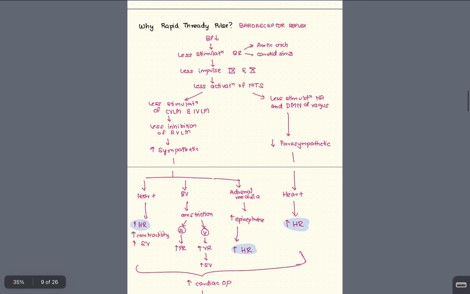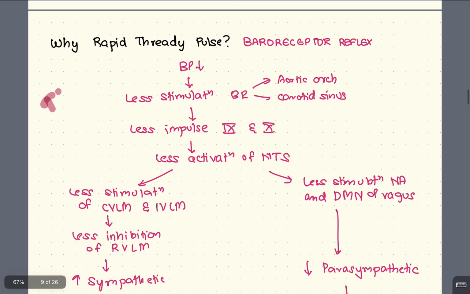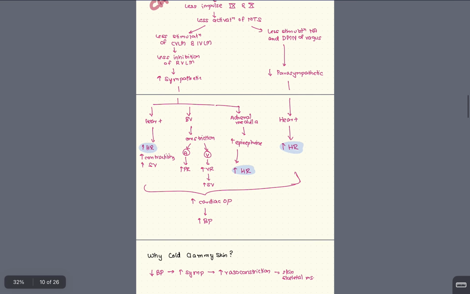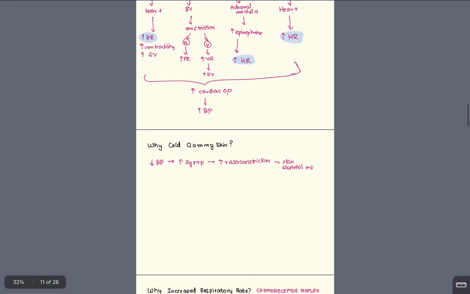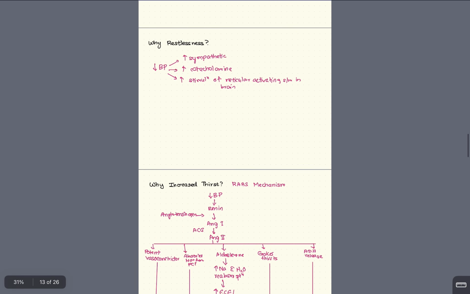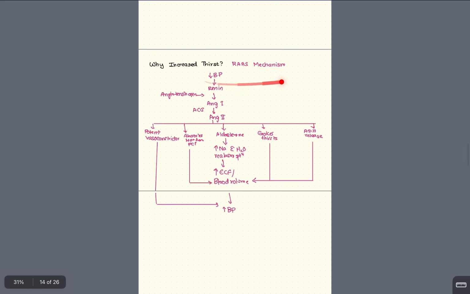It is because of tachycardia. Then we discussed why there is cold, clammy skin. Then why there is increased respiratory rate, where we discussed the chemoreceptor reflex. Then why there is restlessness and increased thirst, where we discussed the RAS mechanism, and this flowchart is really important.